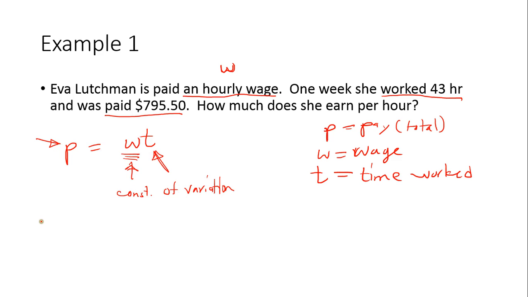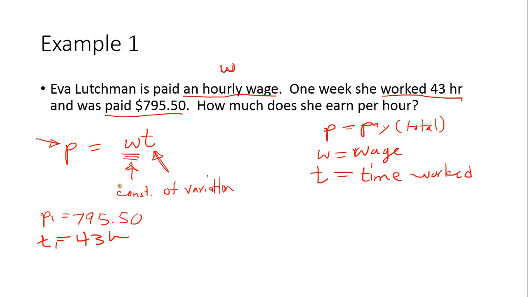If I want to figure out what that is, they give me a pay, which is 79.50. They also give me a number of hours, so T equals 43 hours.